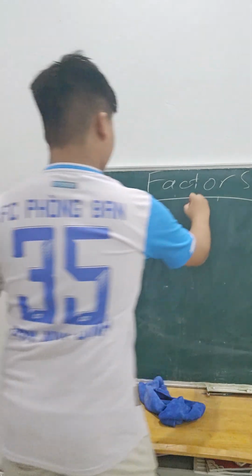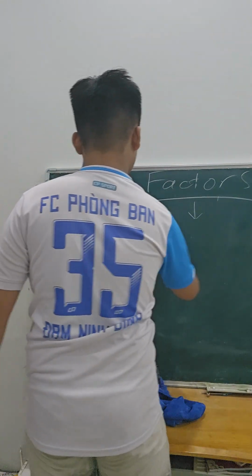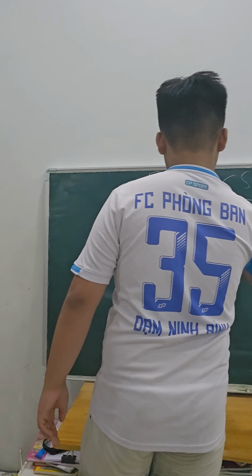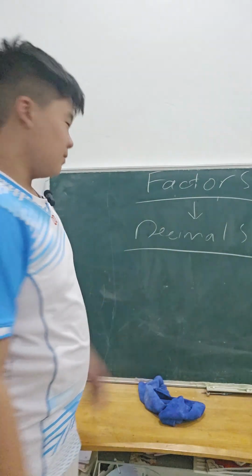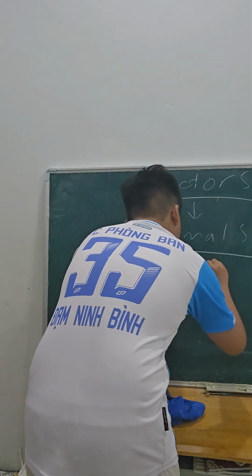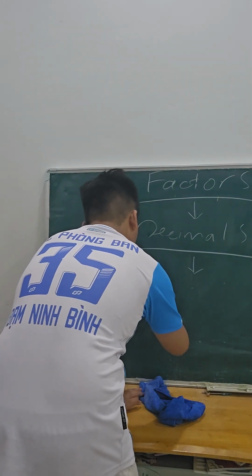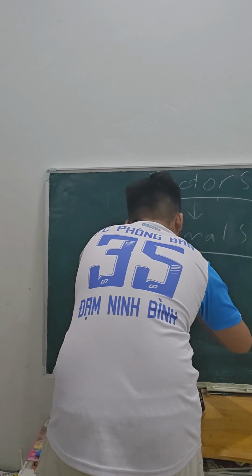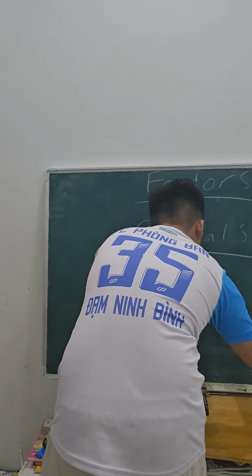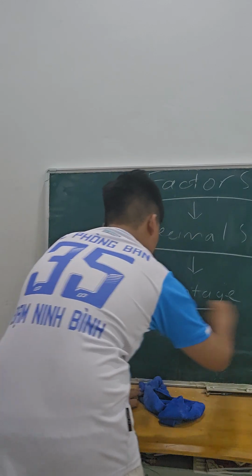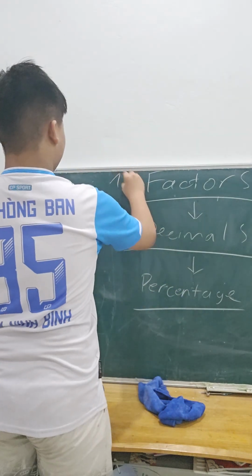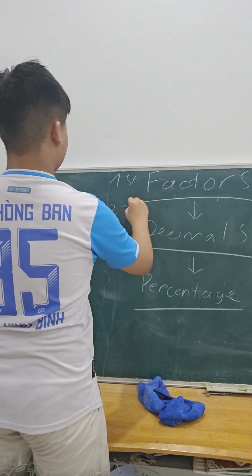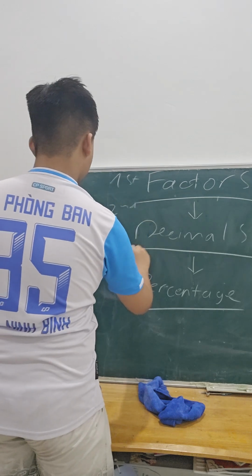So we have factors, then we have decimals, and lastly, we have percentage. So you can think of this as the first generation, second generation, this is the third generation.